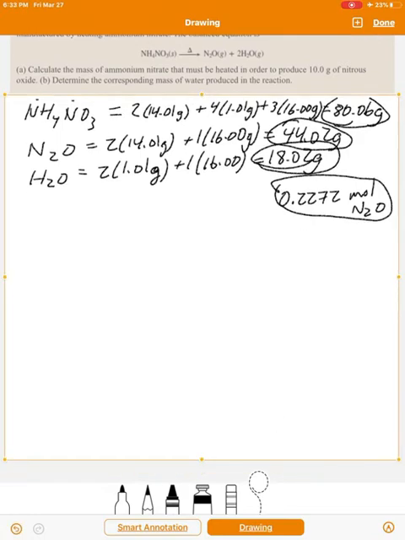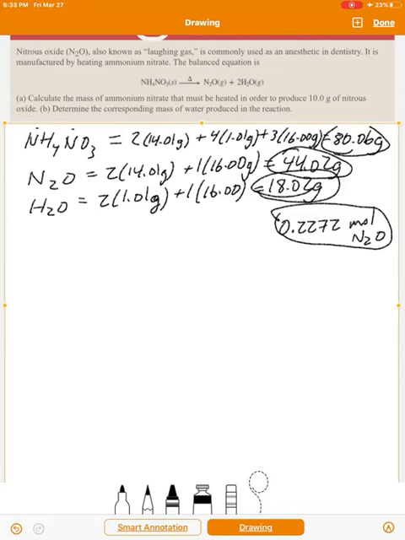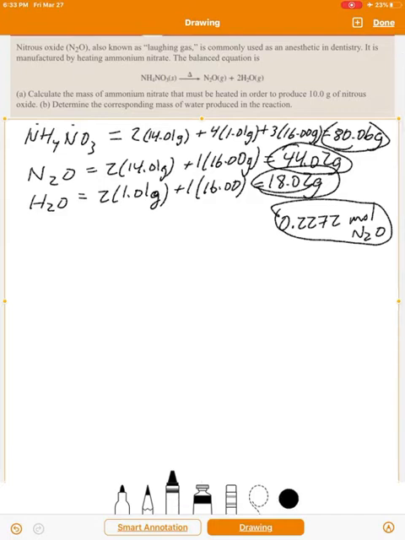All right, here's how we can use that piece of information. Every time that you produce 1 mole of N2O, you also produce 2 moles of water.